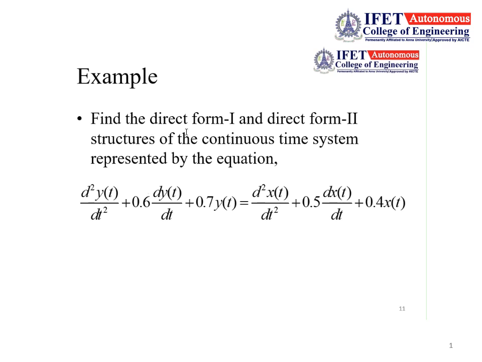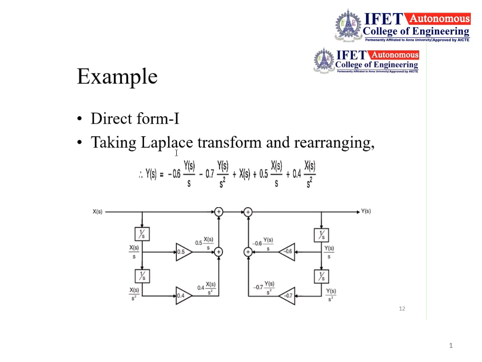The question is, you need to draw the direct form 1 and direct form 2 structures of the system. If you take the Laplace transform and rearrange this equation, you will get y of s equal to like this. So here you see the direct form 1 structure as we discussed in the previous slide. The input terms x of s, then 0.5 into x of s by s.